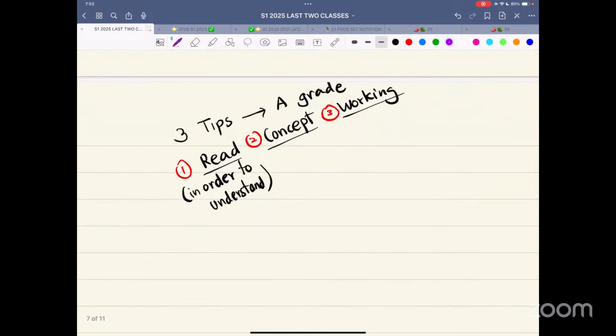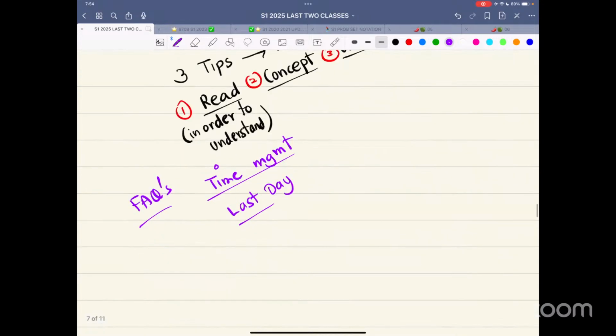And similarly, it was about time management, frequently asked questions. So there were some FAQs that people asked. The first one was about time management. The second one was, what do we do on the last day? And the third thing, how much working is enough for examiner?